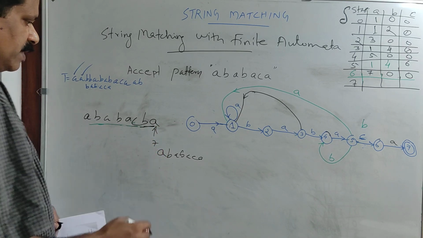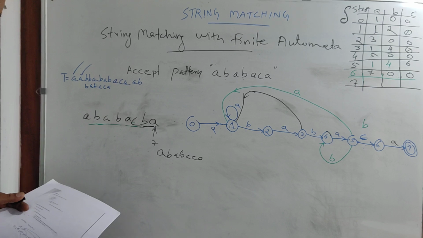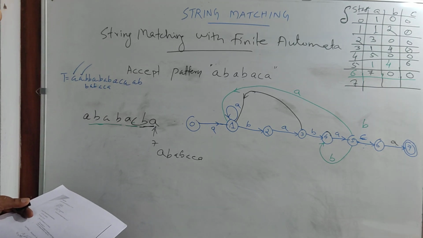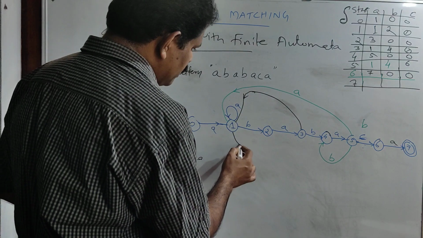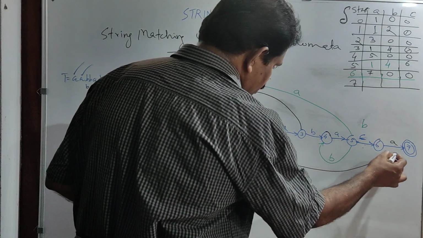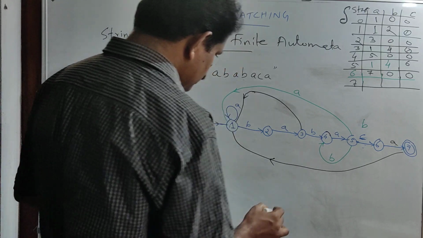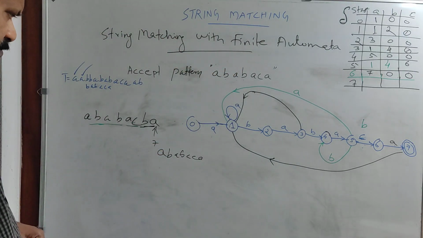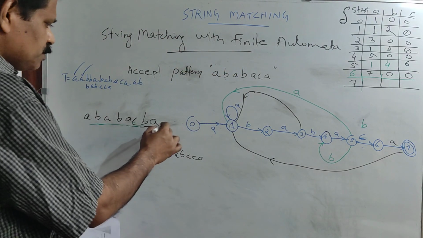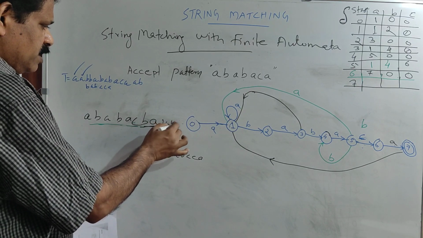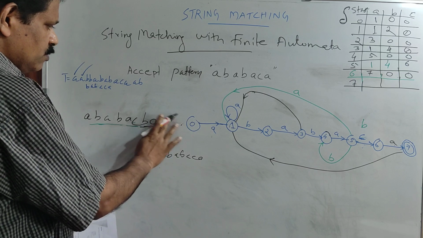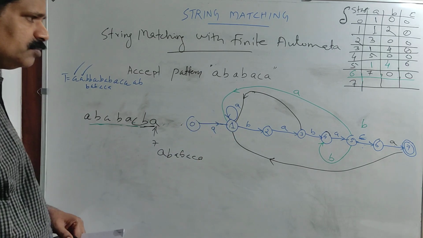So when you get an A, you can move to state 1, because it may be a beginning of the pattern ABABACA. The subsequent characters may be BABACA in the sequence. So stay here.